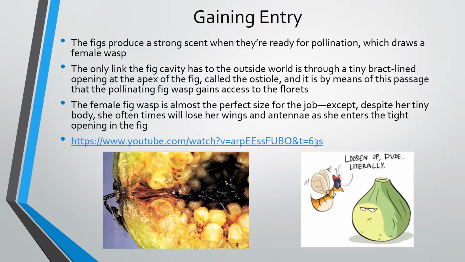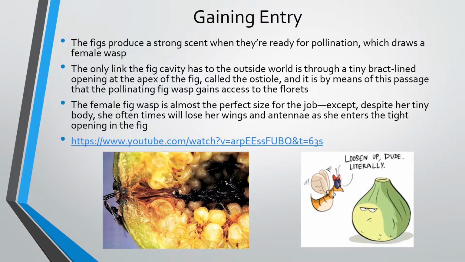When the female is out and about looking for a fig to lay her young in, the figs that are ready actually produce a scent which the wasp can detect. As we said before, the only way for the females to get into the fig is through the ostiole, which is at the top of the fig. It's a super tiny passage that they have to burrow into. The video in this slide will actually show where the wasp has lost its wings trying to get in.